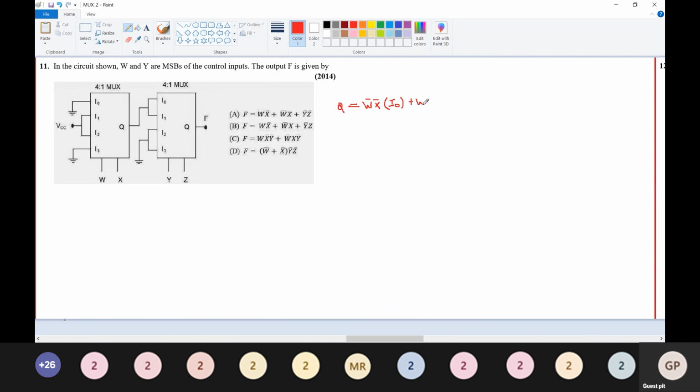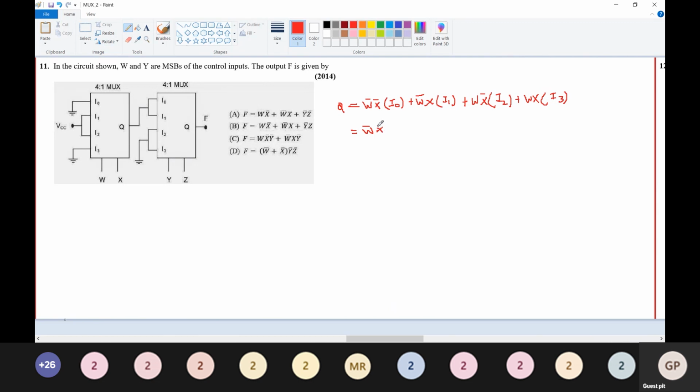Plus W dash X into I1, plus W X dash into I2, plus W X into I3.